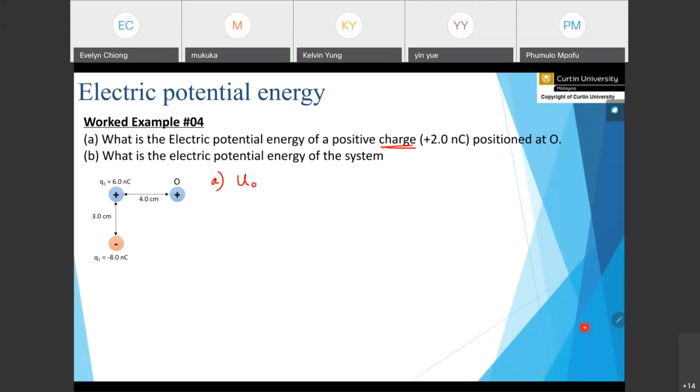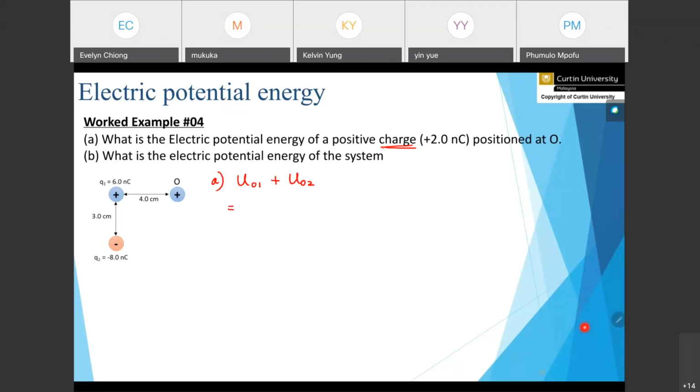On O, there are two neighboring charges. One is Q1, one is Q2. So due to this one, and you have to consider due to Q2, because there are two neighboring charges for O, right? So consider both of them.